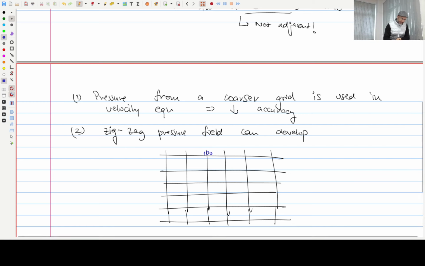I'm just taking the numbers from the book. So let's say you get 100 at one node. The units are irrelevant, just for discussion. And then you get 100 at all the alternate nodes. Similarly, you get 100 here, and so on.